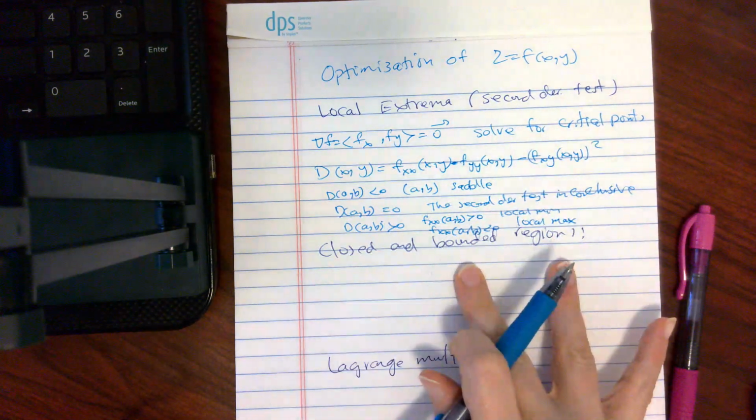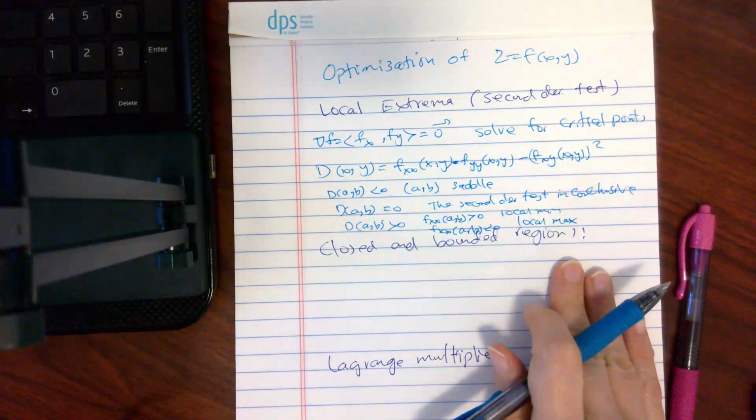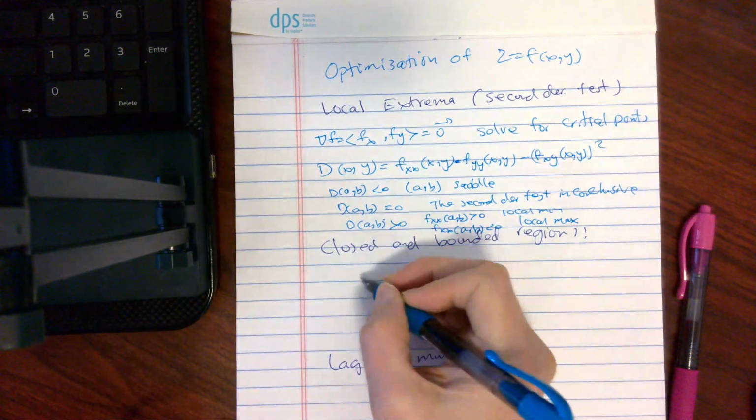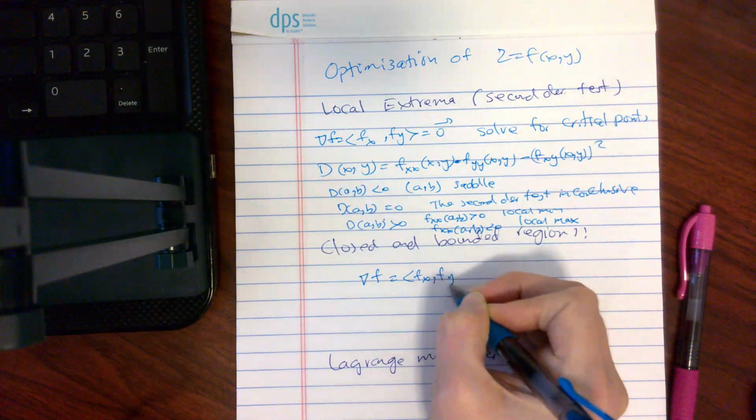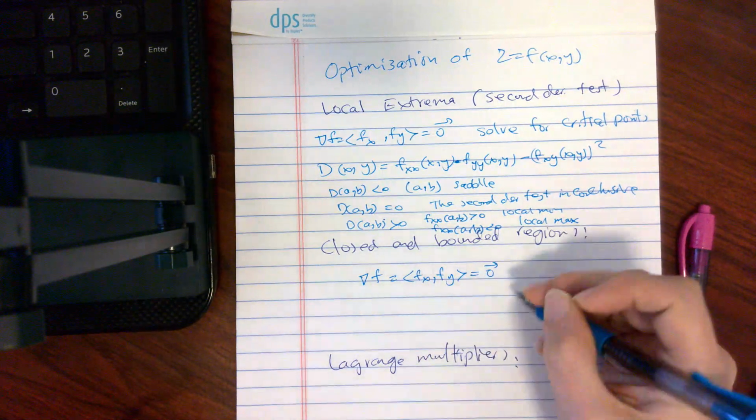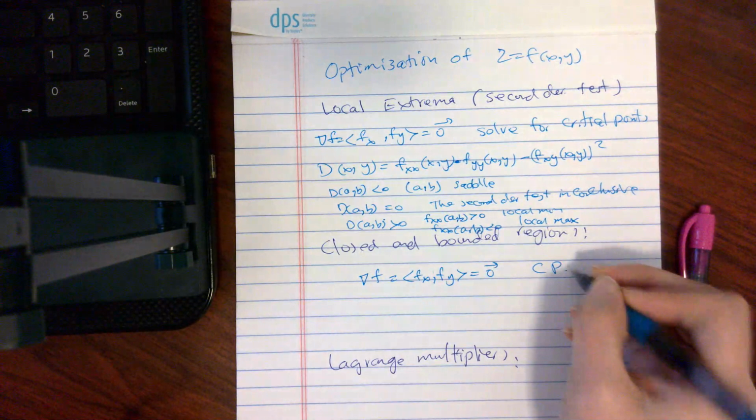What about closed and bounded region? For a closed and bounded region, you basically set the gradient again equal to 0 and solve for critical points.